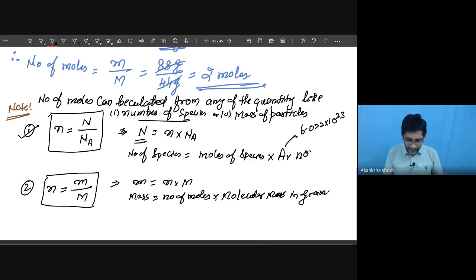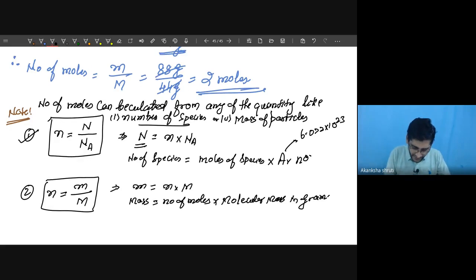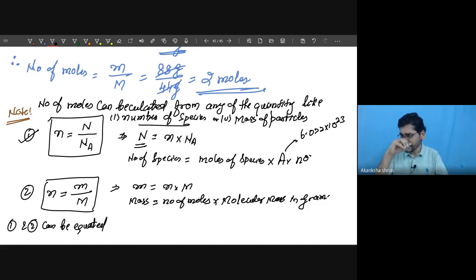It is the two. Now another important thing: for the given particle the number of moles will always be the same, whether it is calculated from the number of particles or the mass of the particles. So these two things can be equated for the same species.